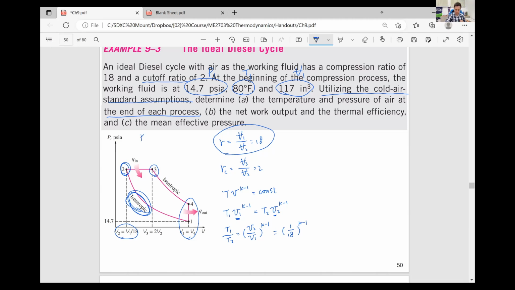And K is evaluated at room temperature, because here it says using cold air standard assumption, so we can evaluate the specific heat at room temperature. So K will be a constant. All right, T1 is known, so we have T2.